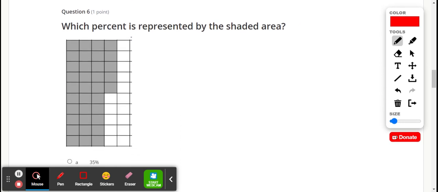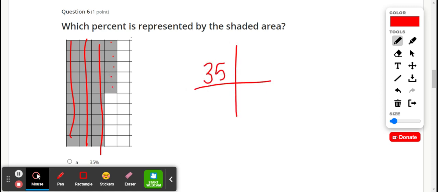What percent is shaded? First, we need the fraction. 10, 20, 30, 1, 2, 3, 4, 5. 35 is shaded out of 10, 20, 30, 40, 50.